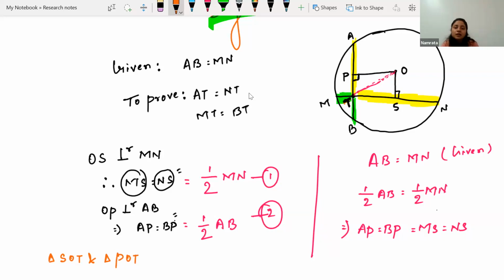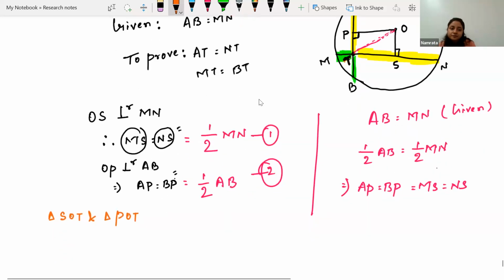Here we can say what is the same in these two triangles. Just concentrate over here. There is 90°. Here is also 90°. So we can say that angle OST is equal to angle OPT.